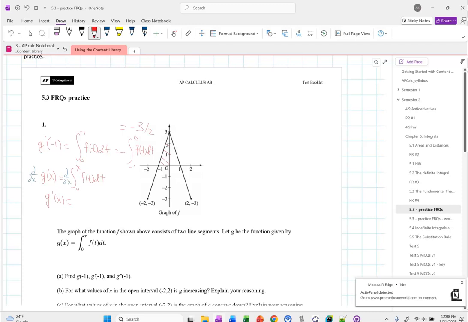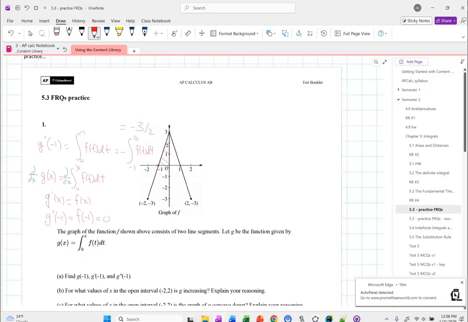F of x, right? So if I want g prime then of -1, that's the same thing as f of -1, which is, no, 0, right? Just that point. Everybody feel okay there? Okay.